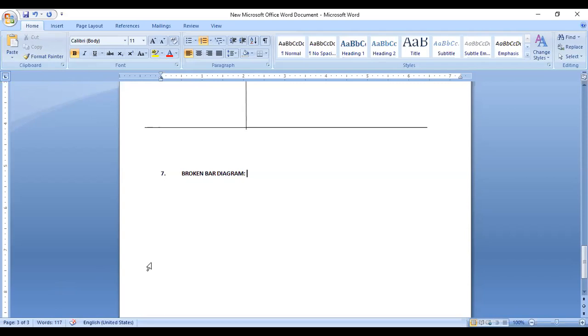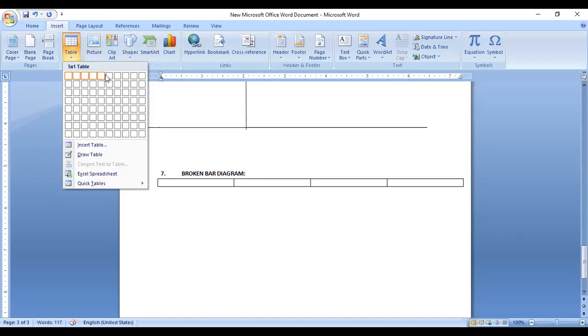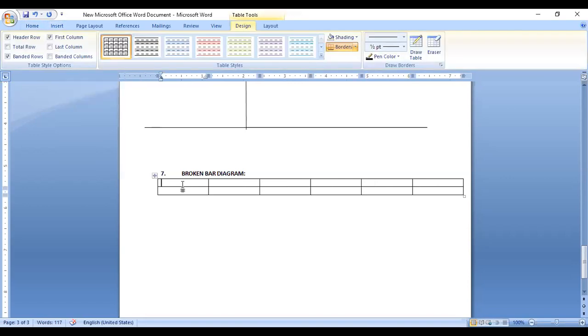For this, we have to take one example. Here, number of students.